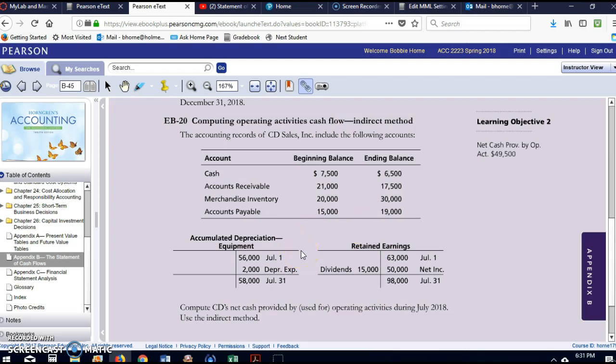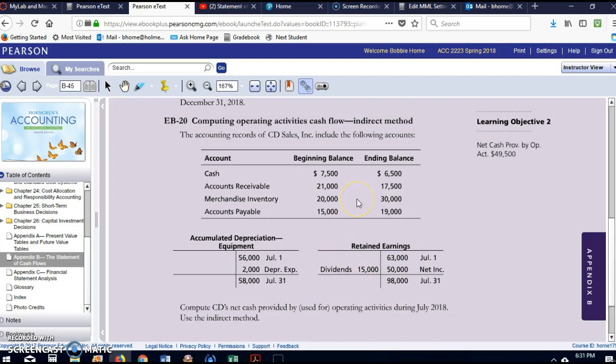We have accumulated depreciation, and you can see that depreciation expense for the month of July was $2,000. So we also see that we paid some dividends, and we can see that net income was $50,000. Now we don't need to worry about dividends if we're doing the operating section.